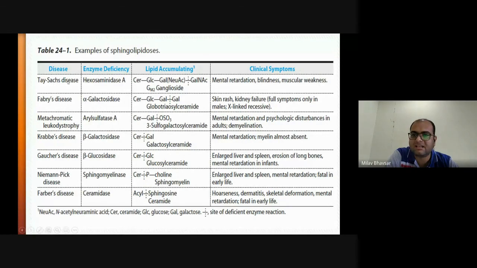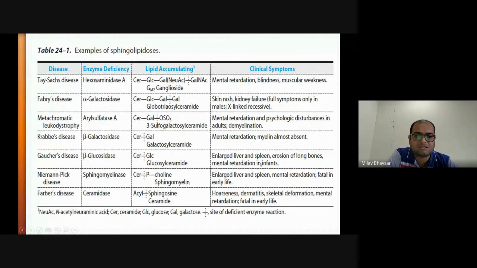The diseases are Tay-Sachs, Fabry, Gaucher's, Niemann-Pick's, as well as Farber's disease, with the related enzyme deficiencies. And what you have are the related clinical symptoms. Tay-Sachs disease is related with mental retardation as well as blindness. Fabry's, you have skin rash.